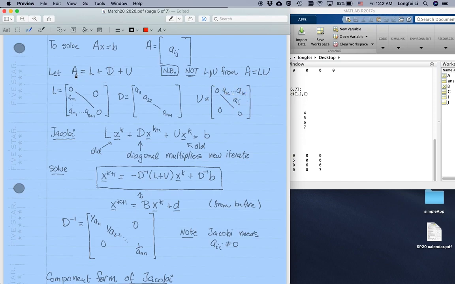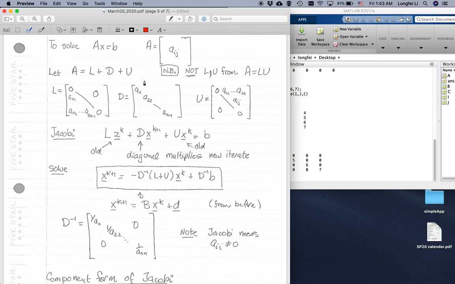Therefore, we can just rewrite A equals its lower part plus its diagonal part plus its upper part.